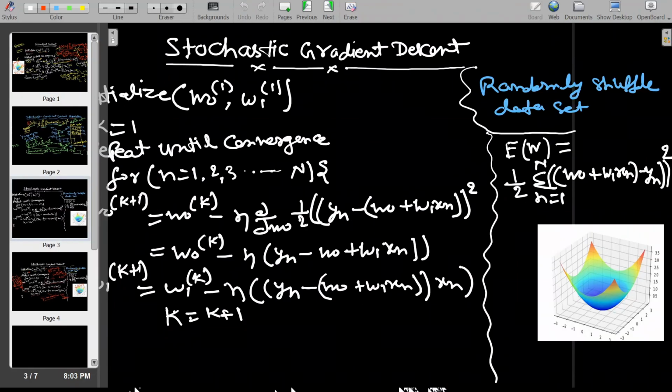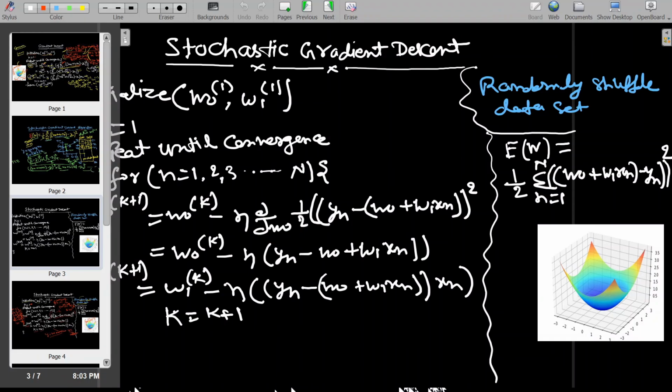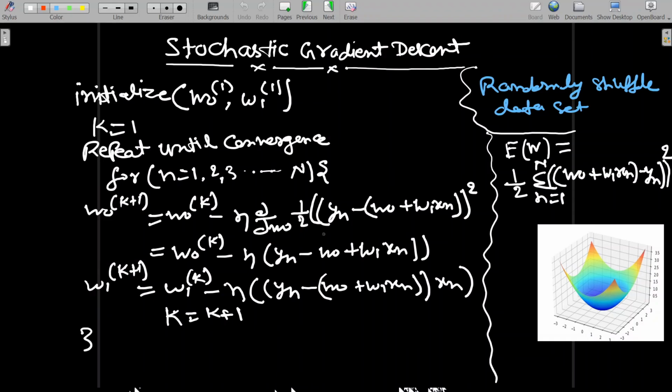But in the stochastic gradient descent algorithm, we are just doing yn minus (w0 plus w1 xn). There is no summation here. So you can see this is for the first data point only. It will do the first data point, second, third, fourth data point. So the computation is very less here.